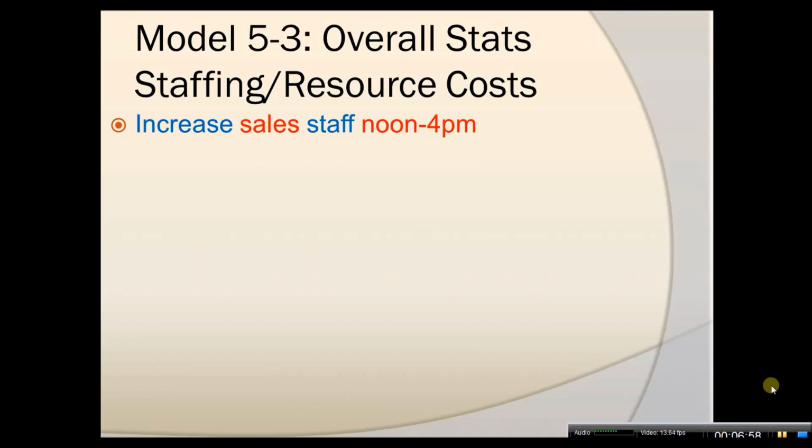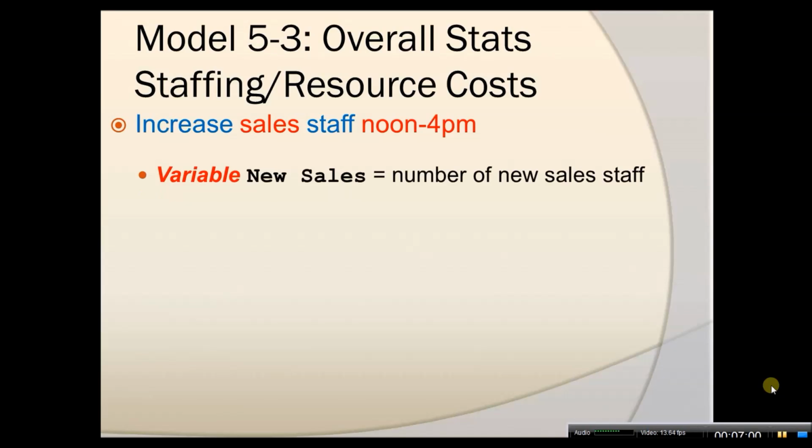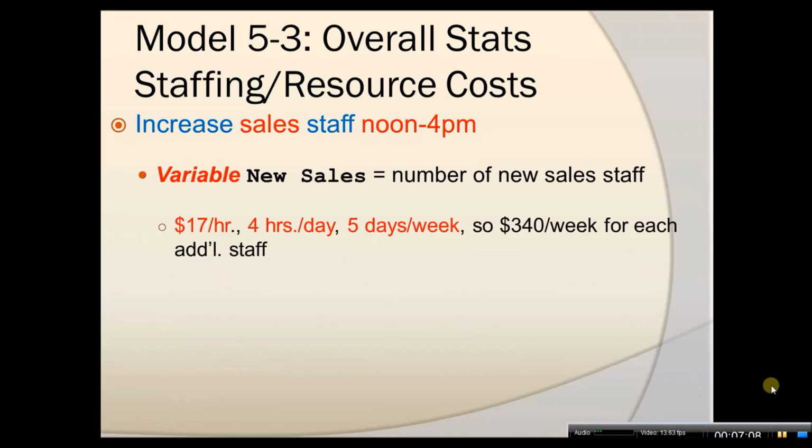So to increase the sales staff at noon, we're going to define a variable called new sales, and that will represent the number of new sales staff. We're also going to assume that each new salesperson who works during noon to 4 p.m., the part-time salesperson, gets $17 per hour, works 4 hours per day, 5 days per week.